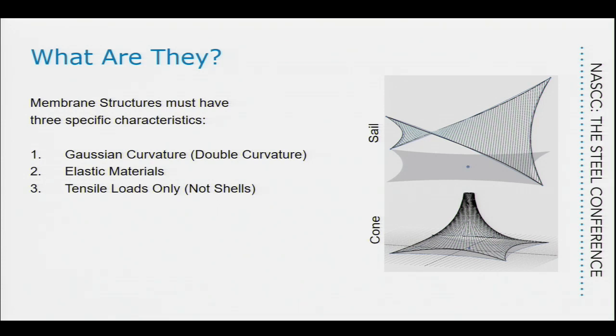If you're familiar with Felix Candela and his work, he created these wonderful concrete shells. Well, those are three-dimensional structures for sure, and they're great structures, but those rely on compression and some bending, and that's not what we're going to be talking about here. In membrane structures, any compression loads and any shear loads are considered failures in the structure.